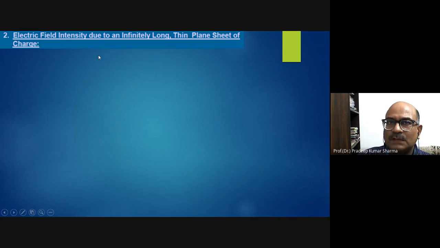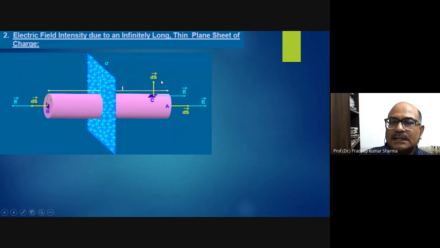When we are talking about a plane sheet of charge, a sheet is an area, a surface like this. So this blue surface has positive charge with surface charge density sigma. Now we need to enclose this charge, but it is infinitely long, so we cannot control it.